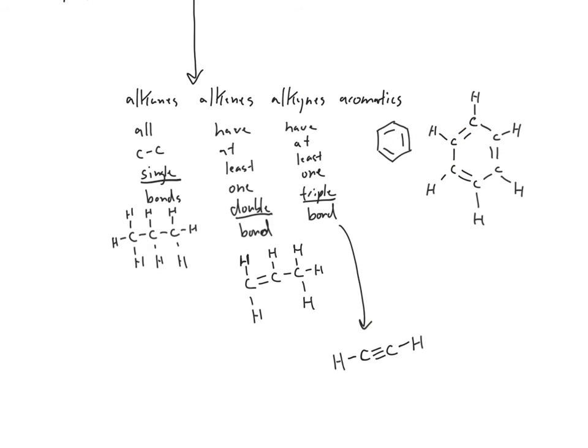So for an aromatic, you have to have a ring structure, and you have to have alternating carbon-carbon double and carbon-carbon single bonds. Double, single, double, single, double, single.